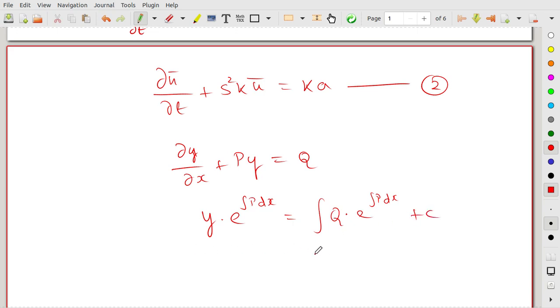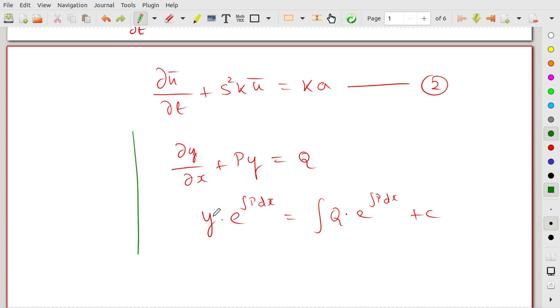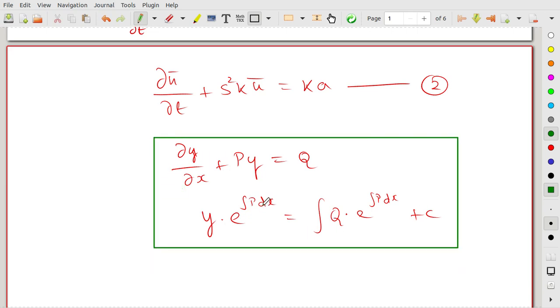We can write the solution in this form. So this is the general solution for the equation of this form.